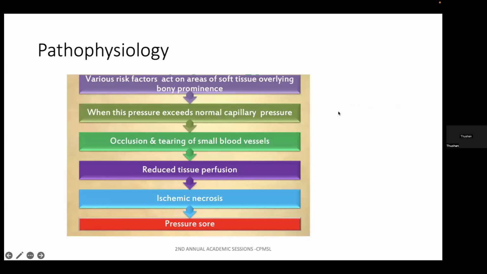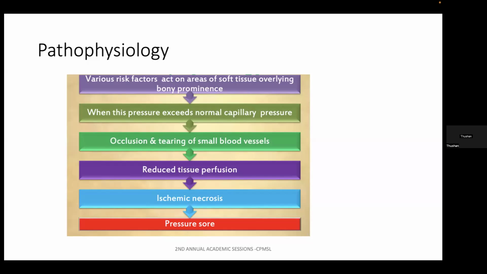So what we have to remember is that at any given point, the soft tissue over bony prominences will have various risk factors. Pressures and various things act on these areas. Now, we all have a certain capillary pressure. Blood vessels become arterioles, they break down into capillaries, and the capillaries leak fluid out into the interstitial space.